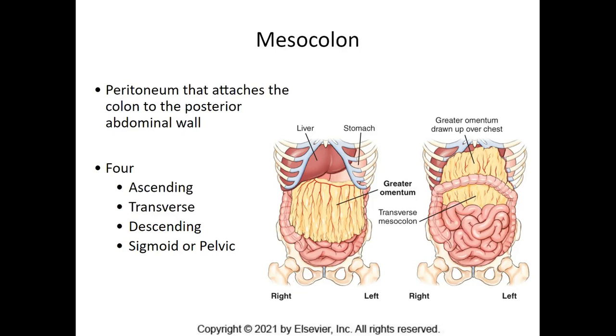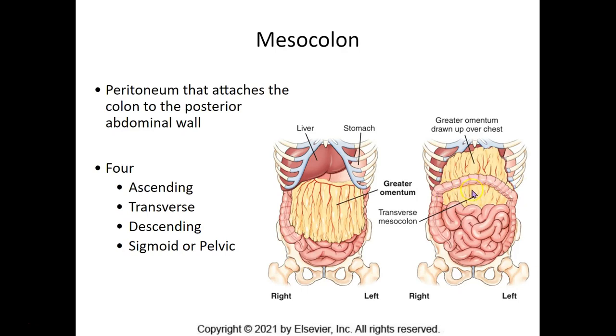Okay, so ascending mesocolon attaches the ascending colon to the posterior abdominal wall. Transverse mesocolon attaches, and you can see that here, to the transverse colon and then the posterior abdominal wall. Descending and then sigmoid or pelvic.